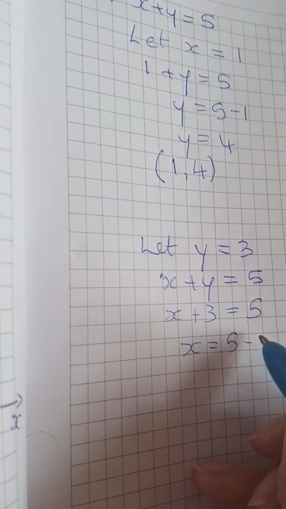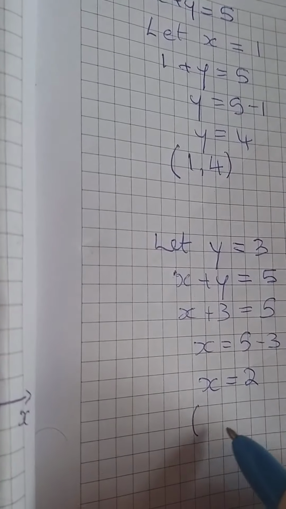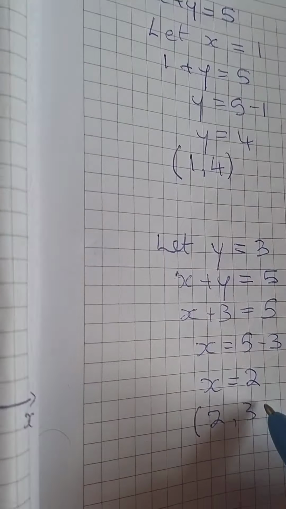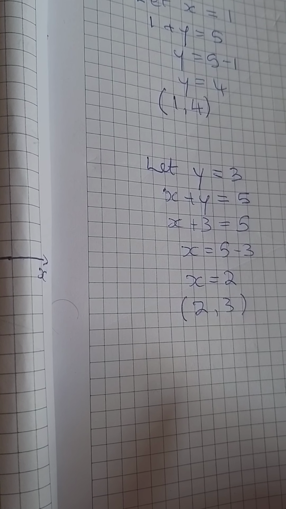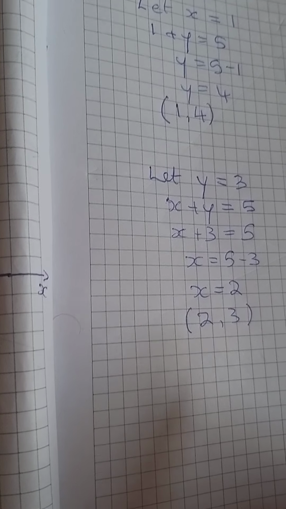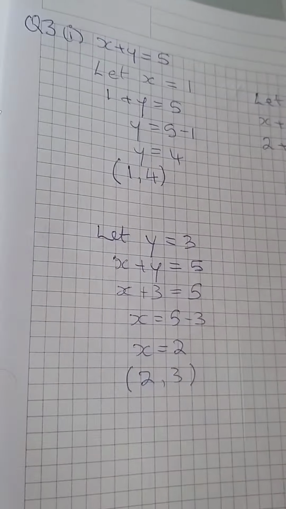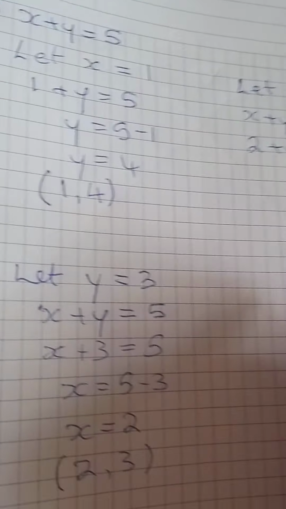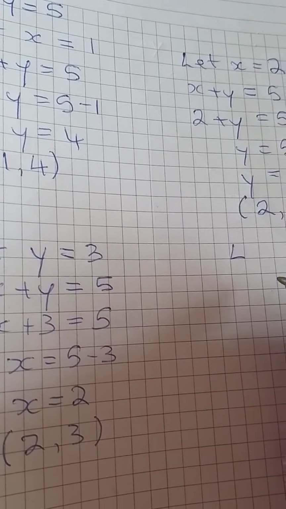X is equal to 5 minus 3. X is equal to 2, so that's our point, 2, 3. Now actually that's the same point as up here, but it doesn't matter, we only need 2 points to draw a line anyway.